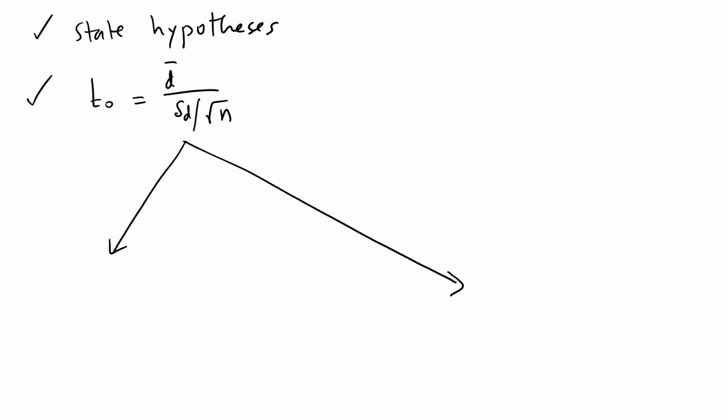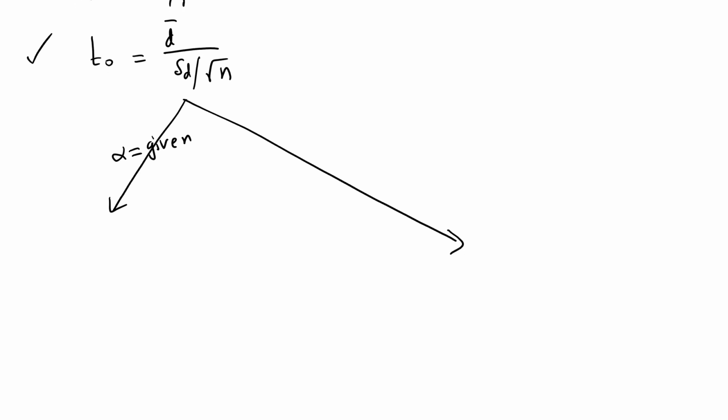The first one is the critical value, but that requires the given alpha. Whatever alpha is given, we go to table 4. We use degrees of freedom, of course, n minus 1. Then we go to table 4, and watch what we're going to do with it.